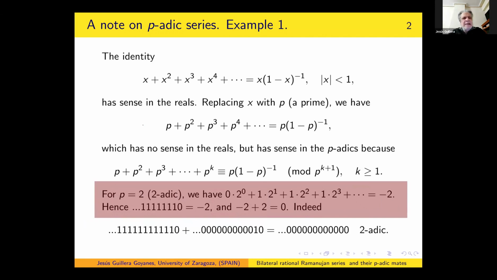And this number has a representation to the left side: 0, 1, 1, 0, 1, 1, 1, 1, etc. And -2 plus 2 is equal to 0. Indeed, we see that it is correct in this representation.